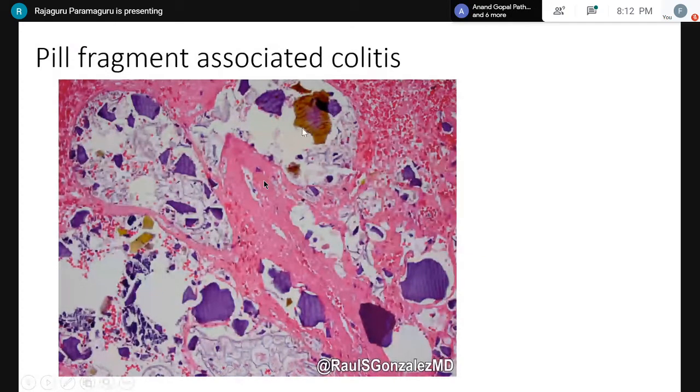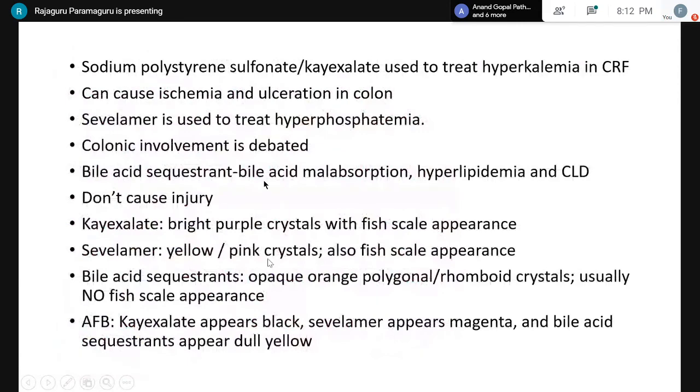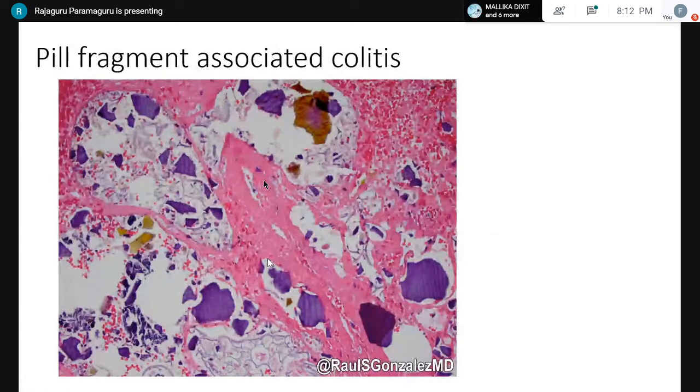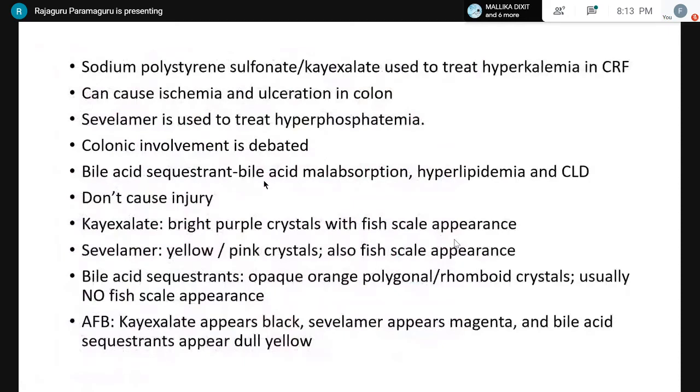Yellow or pink crystals are sevelamer, and bright purple crystals are Kayexalate. Now, mainly they have to be differentiated. As I told you, Kayexalate are the ones which cause ischemia and ulceration, and with AFB staining, they appear black, whereas sevelamer appears magenta, and bile acid sequestrants appear dull yellow.